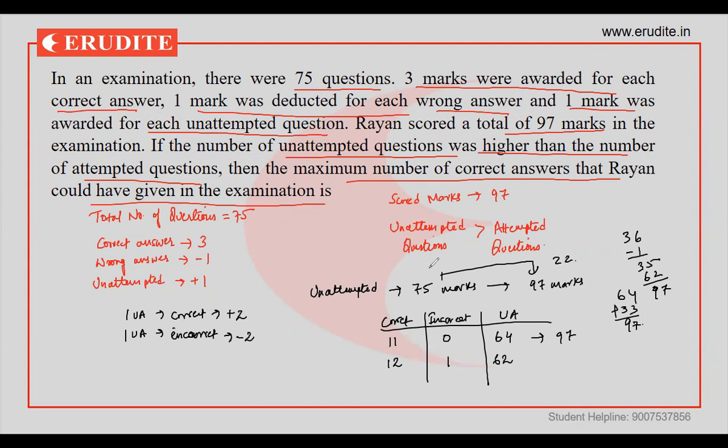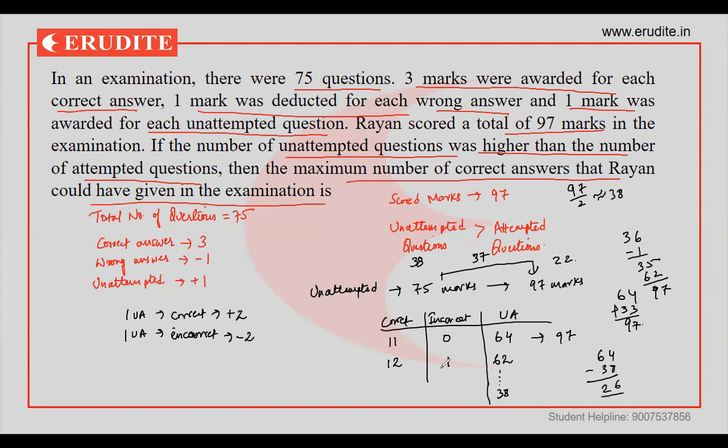Now they are saying that the number of unattempted questions is more than attempted questions. So 97 half, if I go, it will be approximately 38. That is, the minimum number of unattempted questions will be 38, and the total attempted questions should be how much? 37. Right. So from 64, if I'm going to 38, that means how many questions have you subtracted here? 26 questions, right?